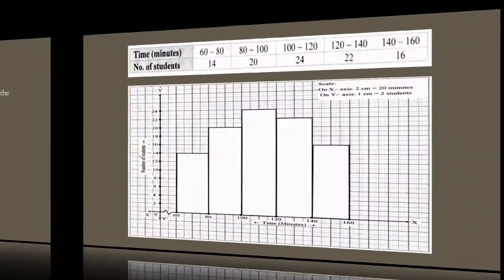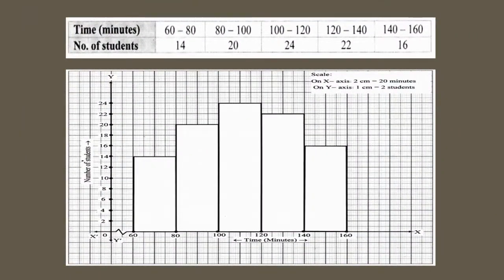Draw the horizontal line X' and vertical line Y', mark the intersection of the two axes as 0, and show the classes on the x-axis, that is time in minutes, and the frequencies, that means number of students, on the y-axis.